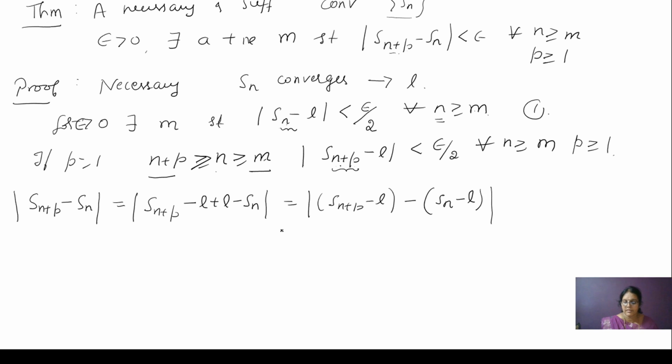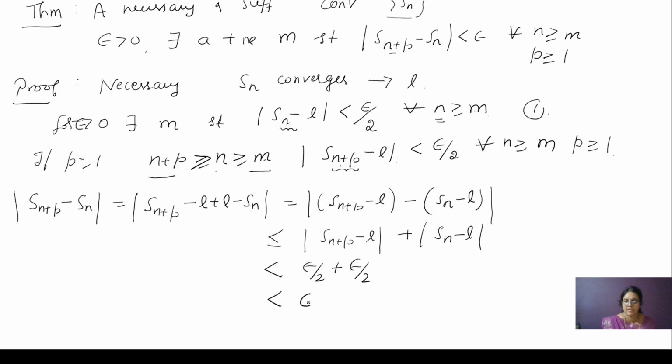Now this is less than or equal to modulus of Sn plus p minus L plus modulus of Sn minus L, because modulus of x minus y is less than or equal to modulus x plus modulus y. But by our assumption, this is less than epsilon by 2 and this is also less than epsilon by 2.